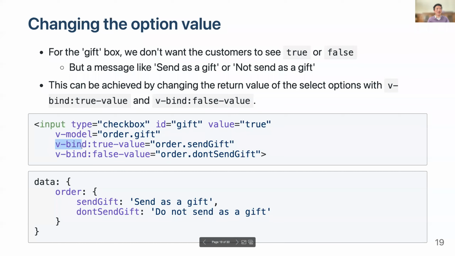And so you can see we say v-bind true-value equal to order.sendGift. And here order.sendGift is a string defined in Vue. Okay, I'm going to just do true now, and the same for the false.